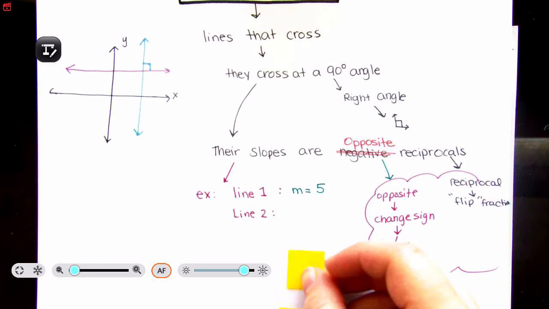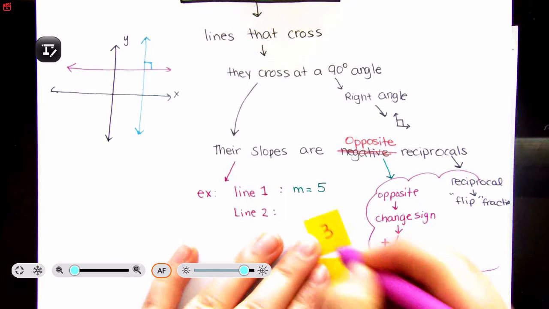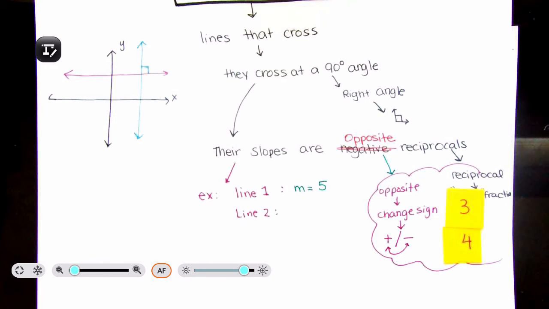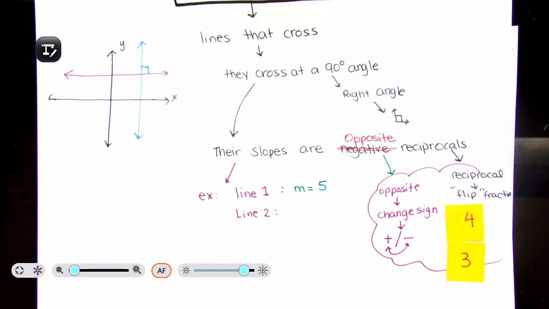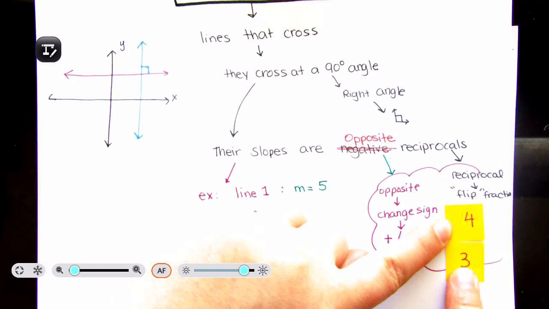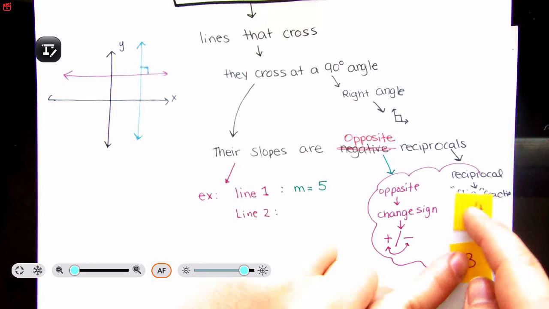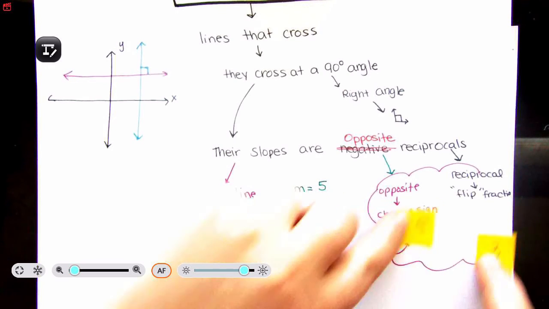So let's say we have a fraction, and our fraction is 3/4. So when we take the reciprocal of that fraction, we take the top number, the number in our numerator, and we put it on the bottom. We flip it. So when you take the reciprocal of a fraction, that means you flip the two numbers, switch their position.